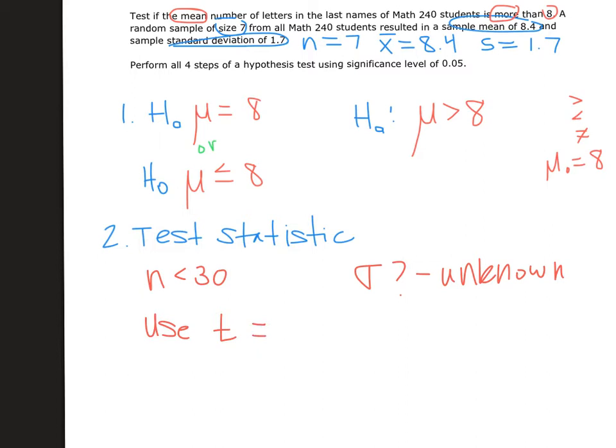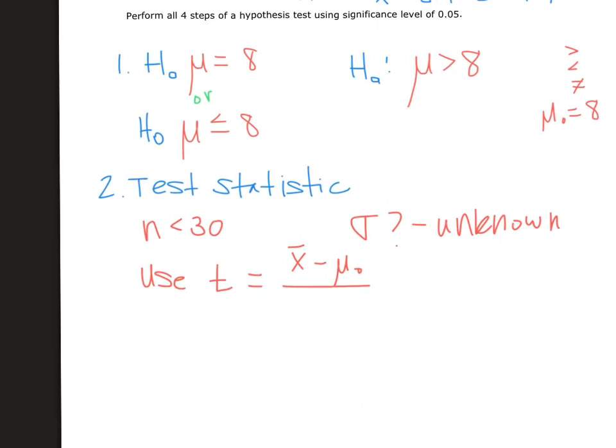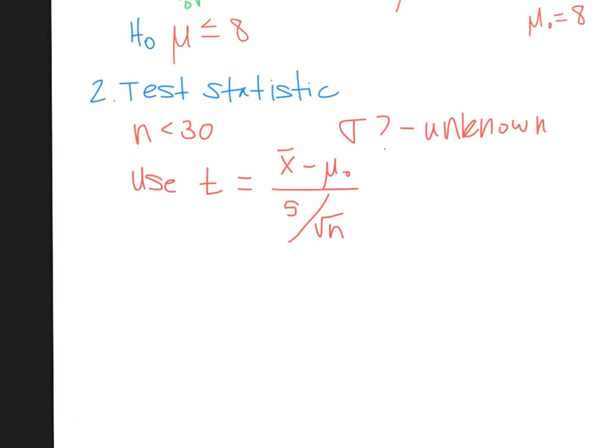And that t test statistic is calculated as x bar, the sample mean, minus mu sub 0, that fixed value in the hypotheses, divided by, because we don't know sigma, we're going to use s, divided by the square root of n. So for our example, x bar is 8.4 minus mu sub 0, which is 8, divided by the sample standard deviation 1.7, divided by the square root of n, which is 7.